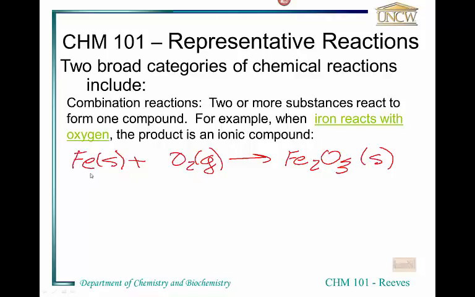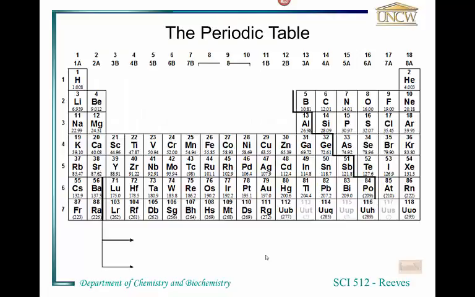In general, though, if you have a metal and a nonmetal reacting, the product will be the ionic compound you would predict when you look at the ions that would form from the metal and the nonmetal. If, for example, we had reacted magnesium, which is also a solid, with oxygen, as you can see from the periodic table, magnesium is in group 2A.